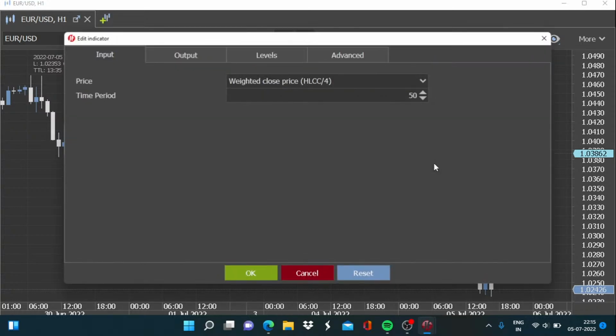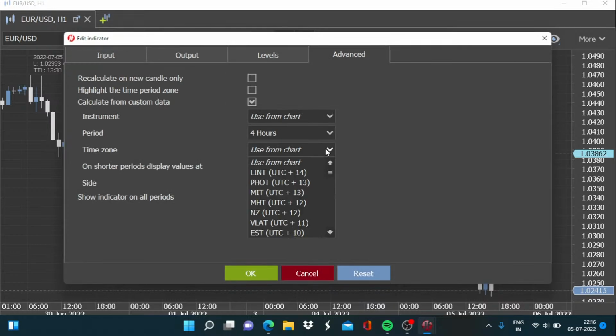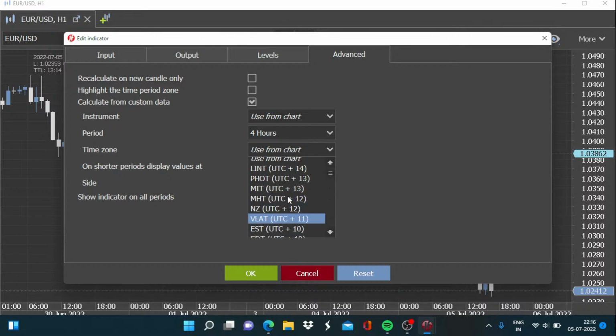Now let's see what more can be done. We take the editing option, time zone, use from the chart. If you want to use a different time zone from the chart, then all you have to do is take these options provided to you, and depending on where you reside, you can take your country's time zone too, provided it is available here.